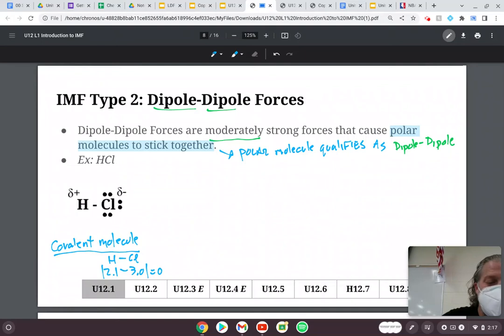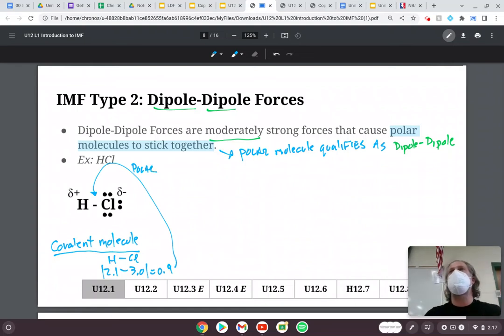Subtract them, we get 0.9, which tells me that bond is polar. So if that bond is polar, that means the electrons are being pulled toward the chlorine, right? And if the electrons are being pulled toward the chlorine, that means this molecule itself, the way that it's drawn, is going to be a polar molecule.